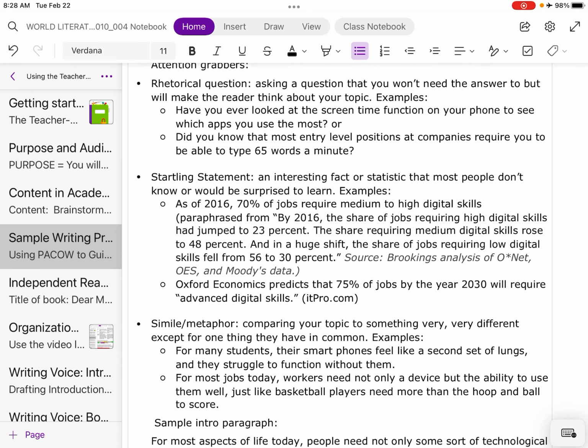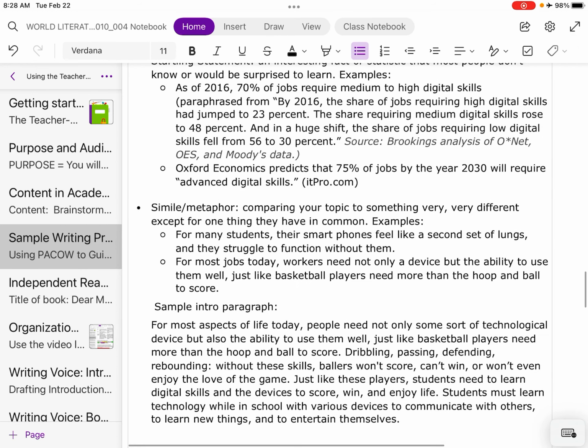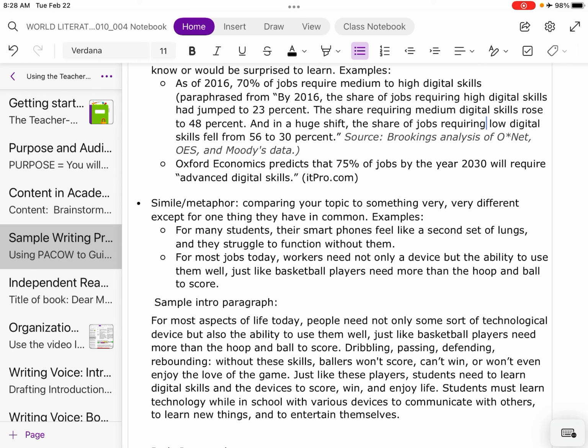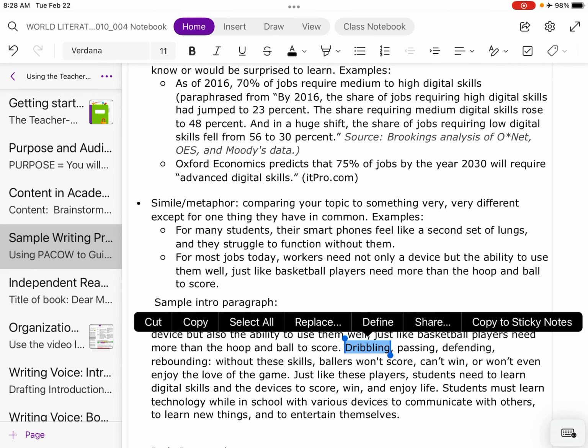So I'm going to look at this sample intro paragraph. For most aspects of life today, people need not only some sort of technological device, but also the ability to use them well, just like basketball players need more than the hoop and ball to score. I'm going to keep going here with this metaphor. I'm going to talk about dribbling, passing, defending, rebounding.